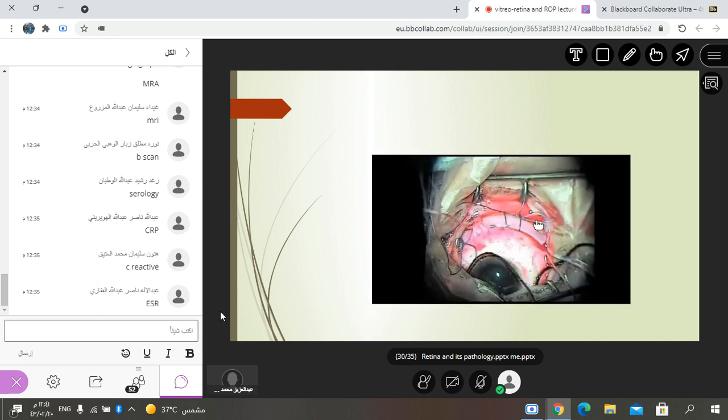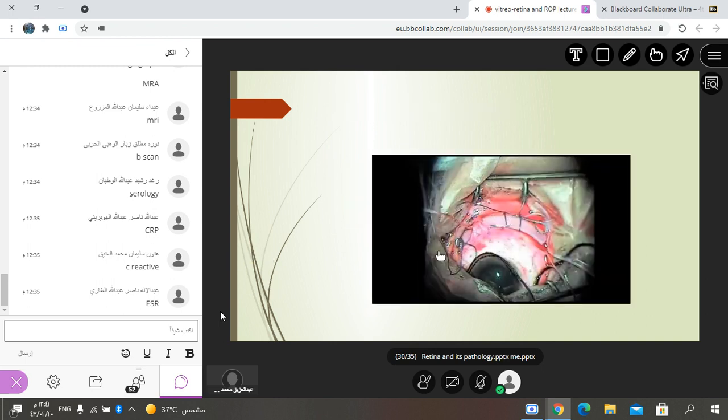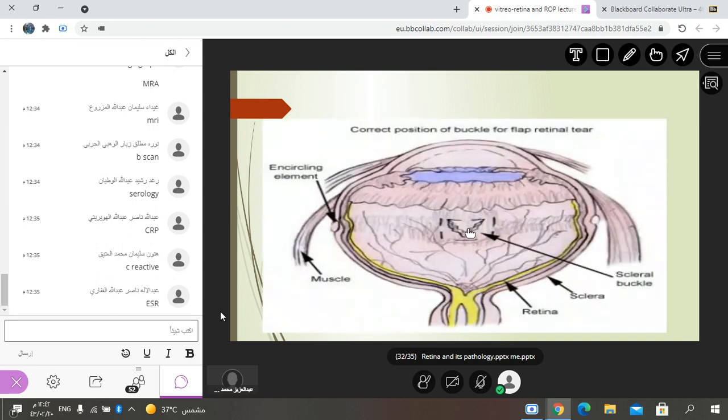The option of surgical intervention, this is the buckle, the scleral buckle that we mentioned a while ago. We are putting the buckle outside here. We are pushing the eye from outside. Why? To close the break from outside in. Okay. Any questions about retinal detachment?